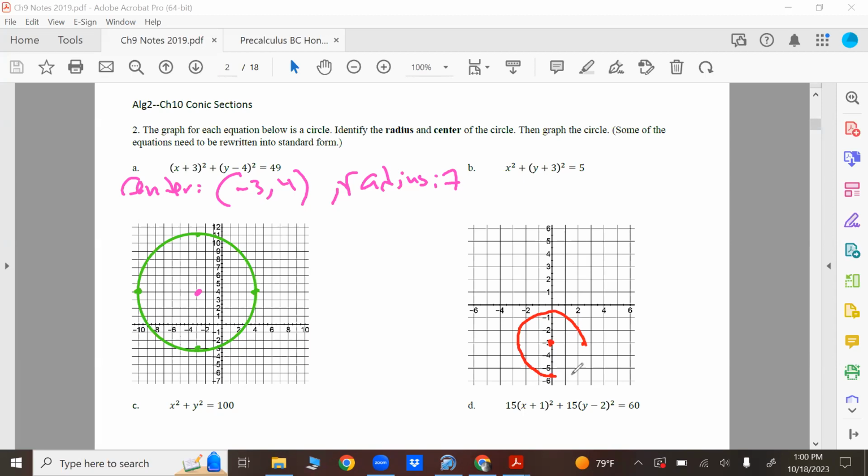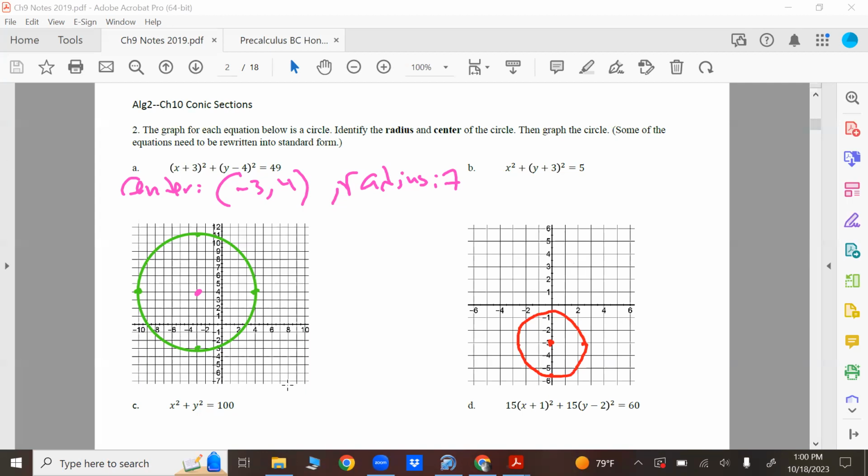Okay, guys, so B should look like this. Here's 5. It's hard to estimate. I don't expect you guys to be perfect, but it's like 2 point something, right? So go a little bit more than 2 away from up, down, left, right. So not too bad. Center 0, -3. So we're cool, B.